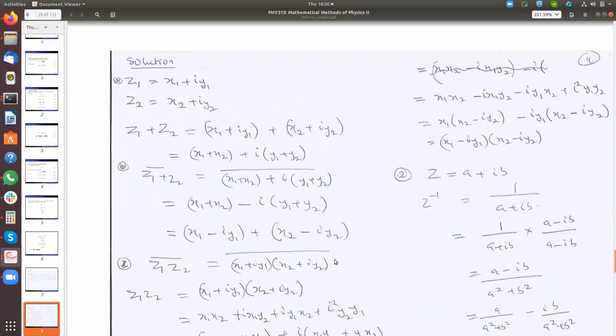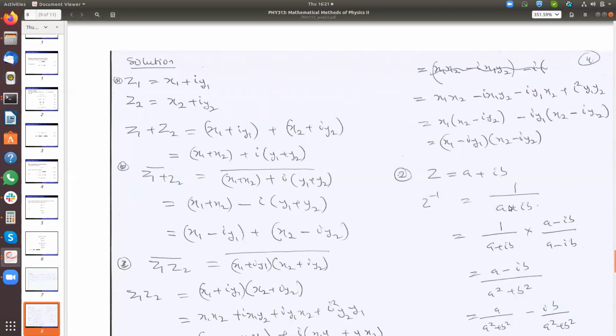Now let's look at the last question, which says that when z is equal to a plus ib, you should find the inverse of z. Which means it should be 1 over a plus ib. This is the denominator. When you have something like this, you have to multiply the numerator and denominator by the conjugate.